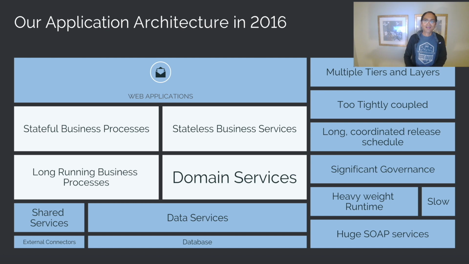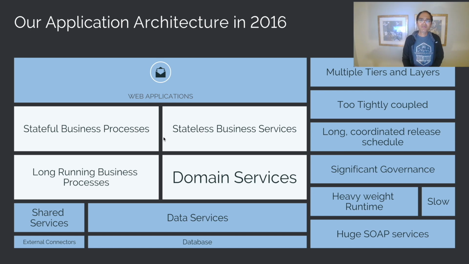All right, let's start our cloud journey. We started our journey sometime in 2016, and here is how our architecture looked. Pretty familiar to most of you, right? We had web applications with supporting APIs, interacting with both stateful and stateless business services.